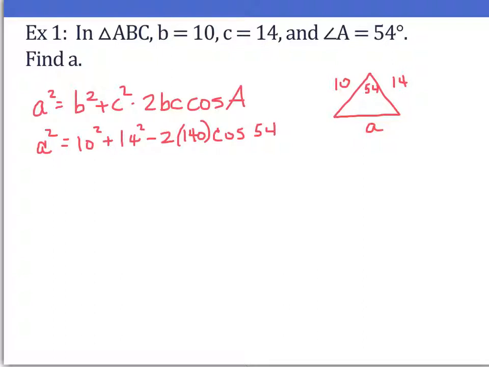But if you decide to split it up, you need to be very careful. This little grouping of numbers does not go together because 2 times 140 is multiplied by cosine of 54. So you need to be very careful that you don't try to subtract this 280 from these two numbers. So don't do that.